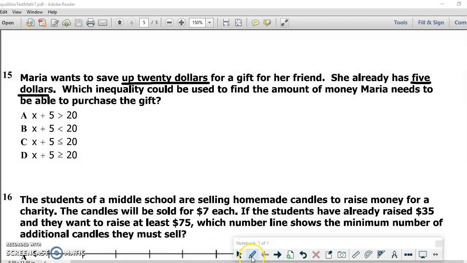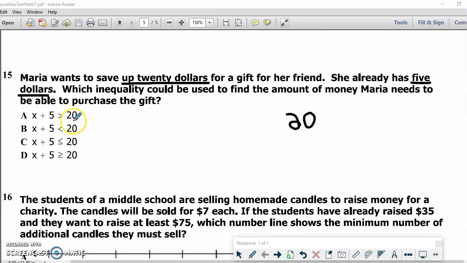So now we've identified the important information we need in order to solve this inequality. So we always put our total on one side by itself. In this case, it's our goal. So she wants up to $20. So I'm going to go ahead and put 20 on the right hand side.